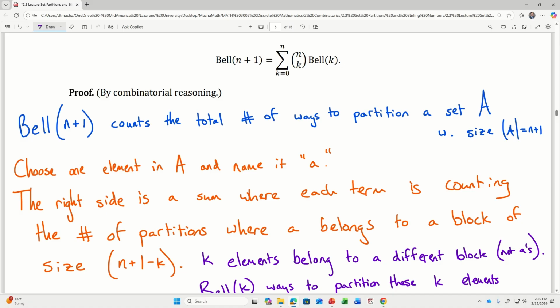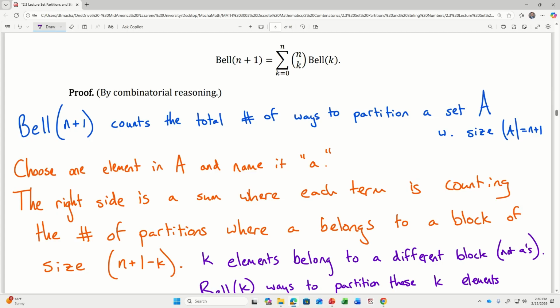So there's n other elements, and from those n other elements, I've got to choose K of them to not belong to A's block. And if they don't belong to A's block, then there's Bell of K ways to partition those. And so I multiplied to get the total number of ways that I can write a partition of the set A where my element lowercase a belongs to a block of size n plus 1 minus k.